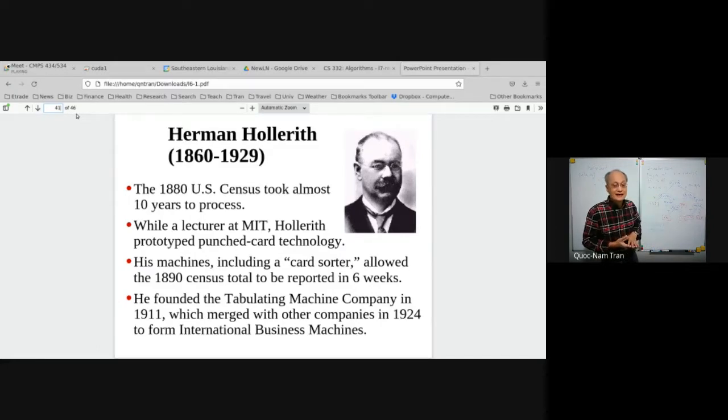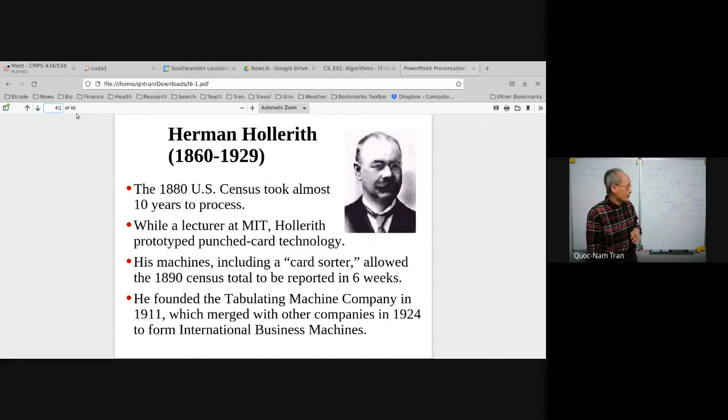But you can see that the algorithm helped to speed up the process 100 times. And that was the big deal at that moment. He went on to build a company, and it became IBM nowadays. So you can see how strong an algorithm can help to speed up real world applications.